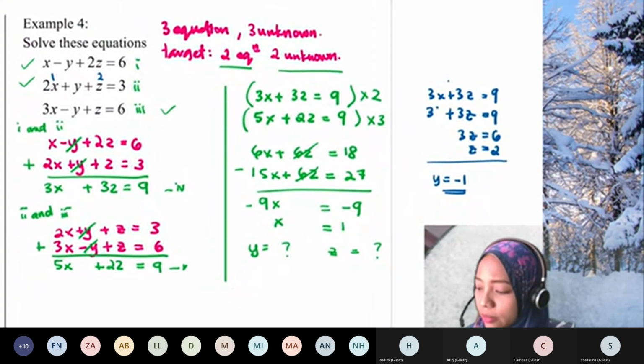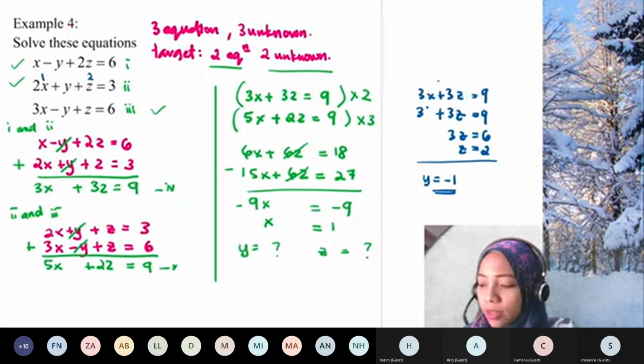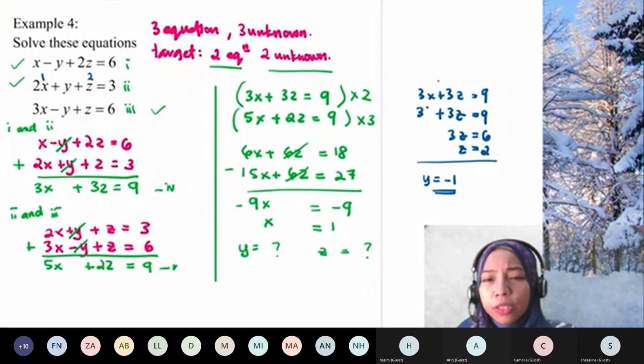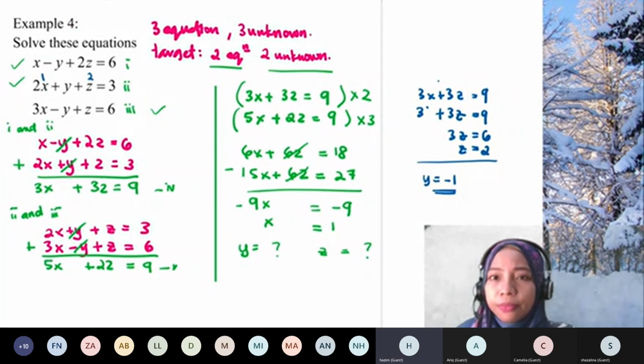Can or not? Can. So try again, what's the method? The first one, you must get what? Two variables. Yes, your target is to get two variables where you eliminate one of the variables.